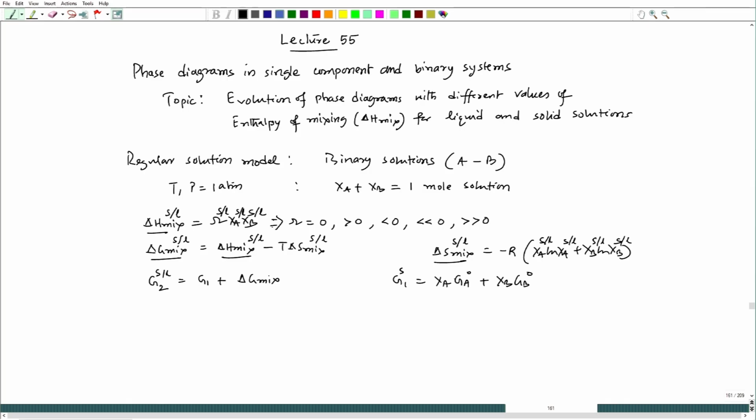And here if I talk about solid, everything would be solid, and if I talk about liquid, everything would be liquid. So, that is what we cannot mix them, fine.